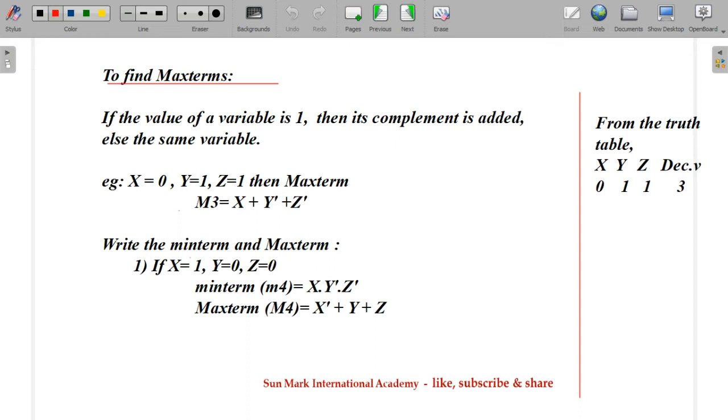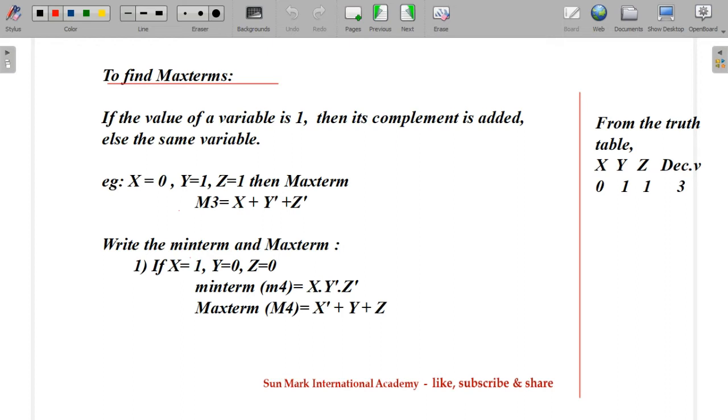So here the example: x equal to 0, y equal to 1, z equal to 1. Then what is the max term? 0, 1, 1 corresponds to the decimal value 3. So we write the max term with capital M, capital M3. Then which should be negated? 1 should be negated in max term.